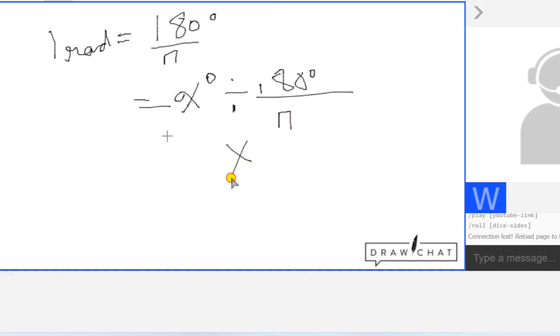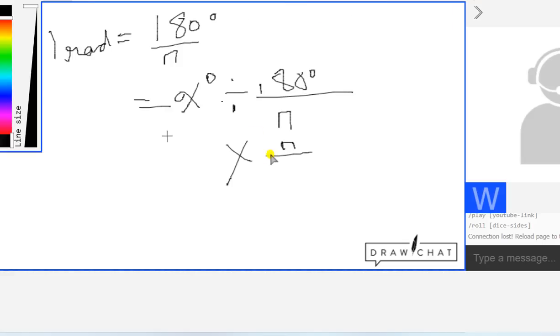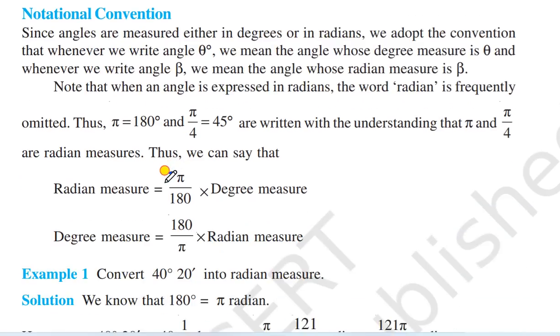So then what do we get? Pi by 180 into x degrees. Pi by 180 into degree measure. Similarly, for degree measure also we do the same thing.